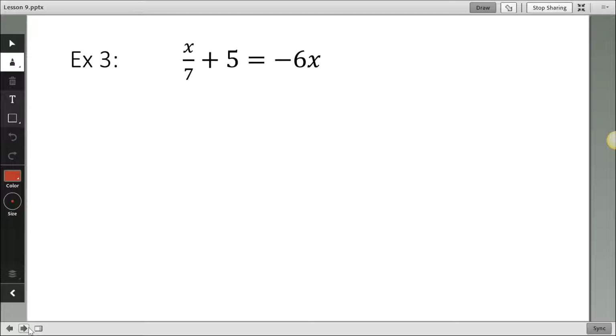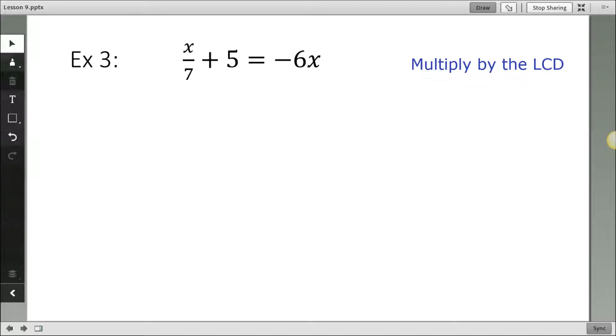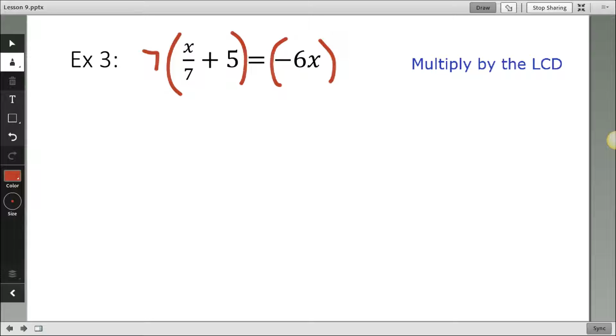So what you do here is you multiply by the LCD. In this case, since there is only one fraction, the LCD will be the denominator of that fraction. So I'm going to multiply both sides of this equation by that denominator, which in this case is 7.